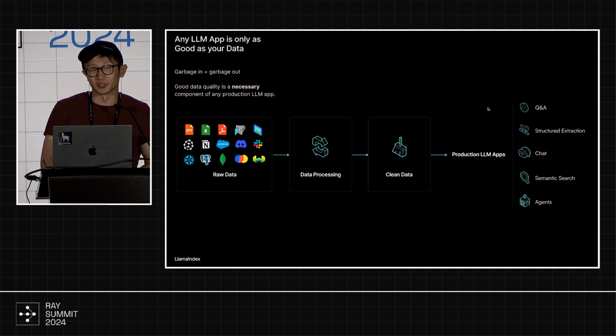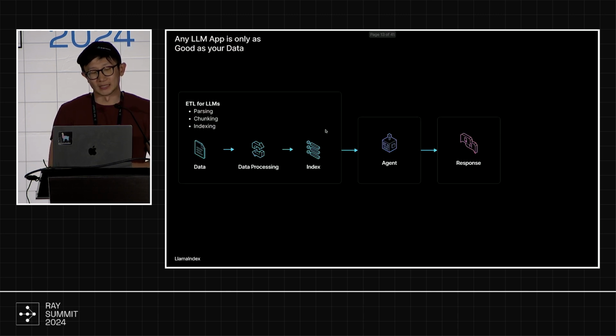So the garbage in, garbage out principle applies here too. And what we really see is there's this aspect of data ETL that's emerging that converts unstructured data like your PDFs, web pages, basically any source of information that you have into some sort of format that you can then connect to an LLM agent system.